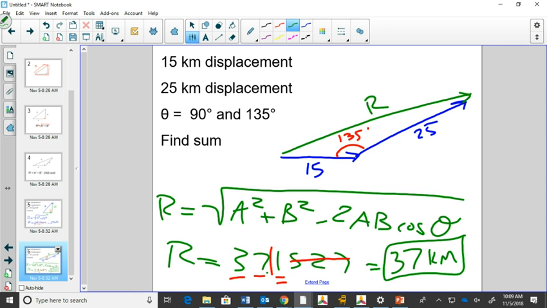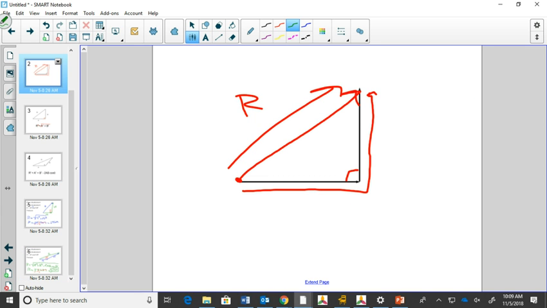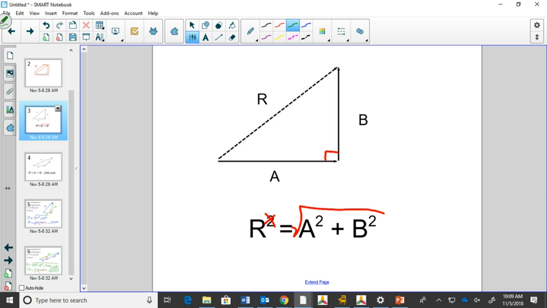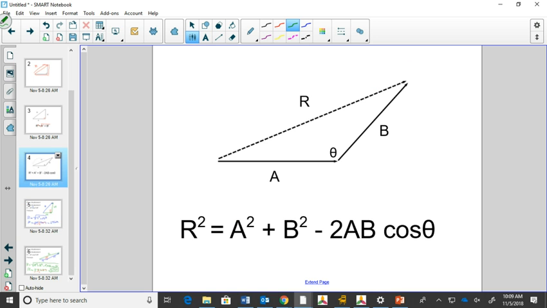Does this make sense, my friends? Our point is simply I had two vectors that I moved and made tip to tail. And based upon the angle between those vectors, I either use Pythagoreans or I use the law of cosines to find my answers. Any questions there? Pretty straightforward, I hope, right?